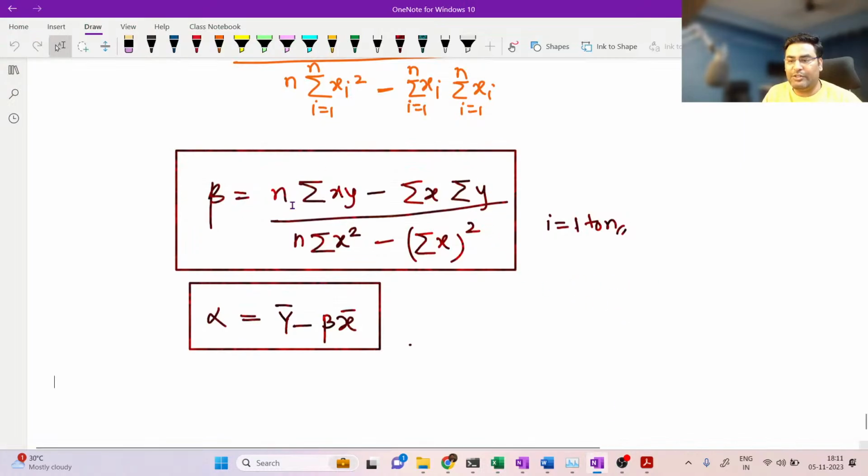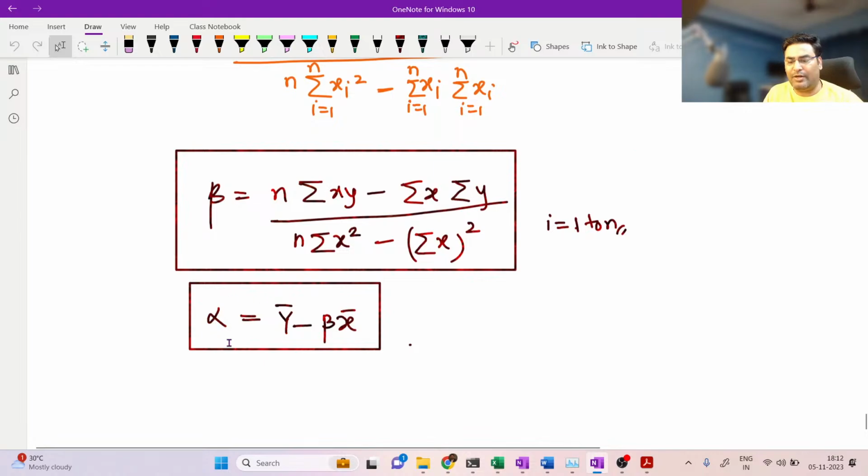Or you can use this formula, which is n times sigma of xy minus sigma x sigma y divided by n times sigma of x squared minus sigma of x whole square. Both will give you the same result, but it is a little lengthy, and that's where I would suggest going with the shorthand notation.